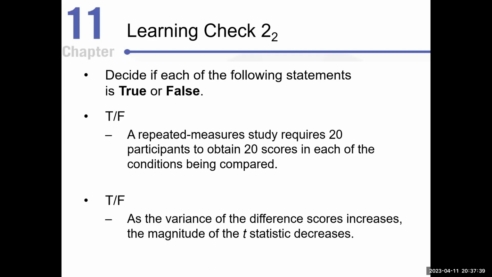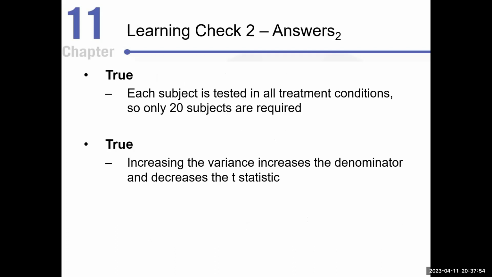You're going to need 20 scores in one condition and 20 scores in the other condition, and so you would need 40 participants altogether in an independent measures t-test. But since you're doing a repeated measures, you only need those 20 participants. Each subject is tested in all treatment conditions, so only 20 subjects are required.